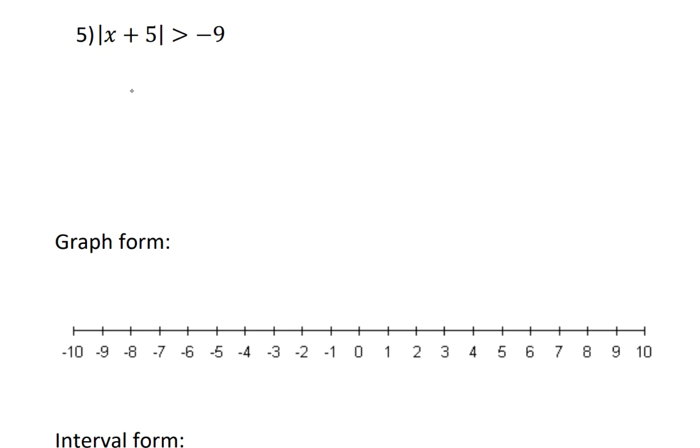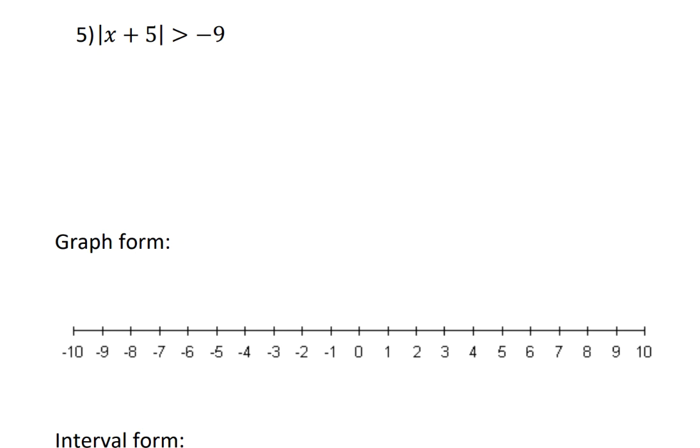All right, so this is an inequality, and this is saying that whatever is in this absolute value is greater than negative 9. Well, that means that it could be anything greater than negative 9. So it could be negative 8, negative 7, and so forth. Or it could be a positive number.